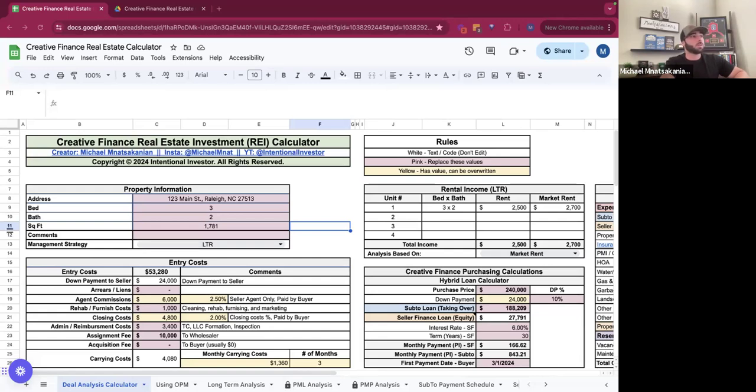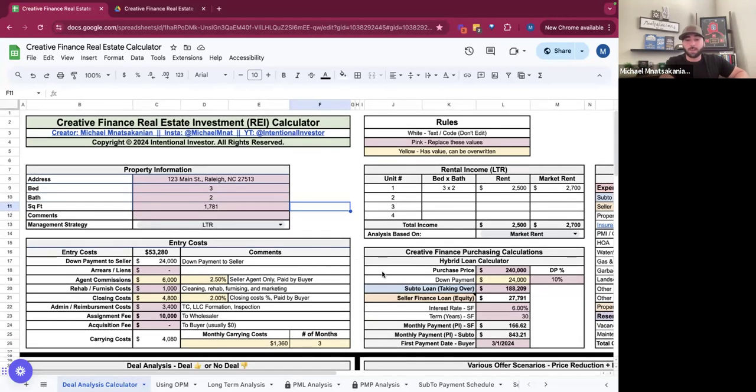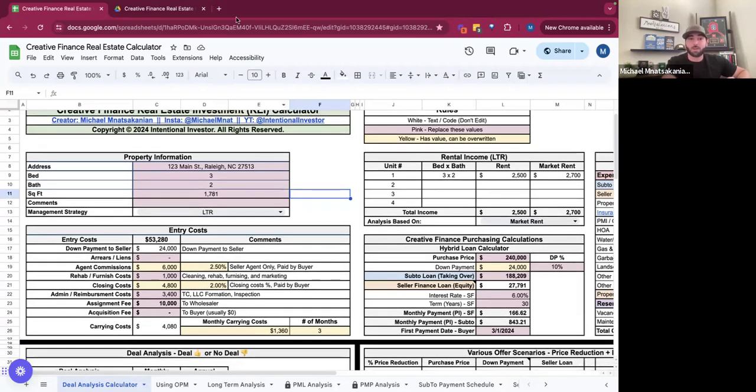Okay, so real quickly, this is my creative finance real estate investment calculator. It allows you to analyze both seller finance and subject-to properties or loans, as well as the combination of the two. Just some updates for all those out there who have the paid version of the calculator.